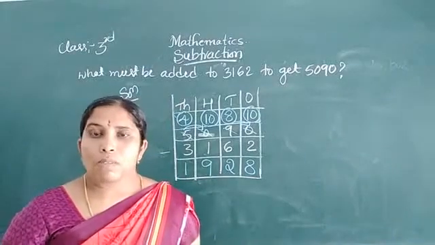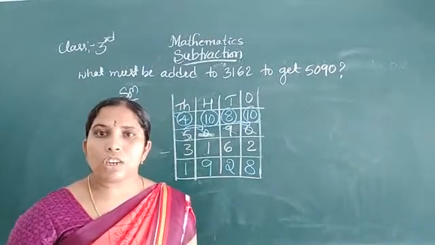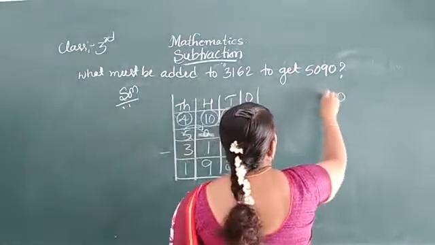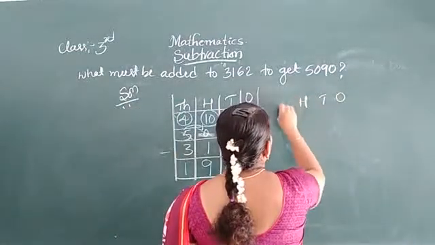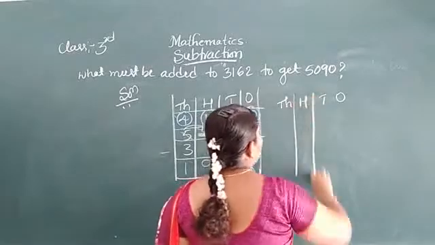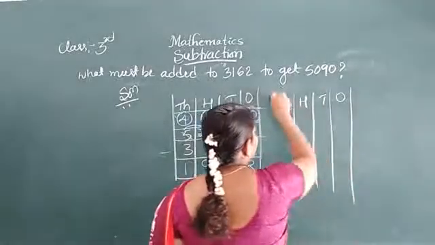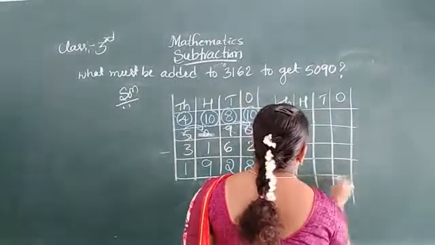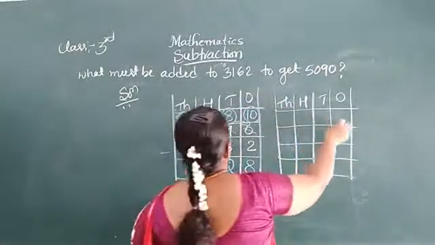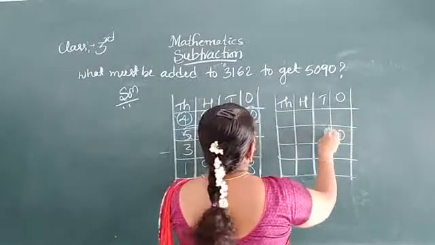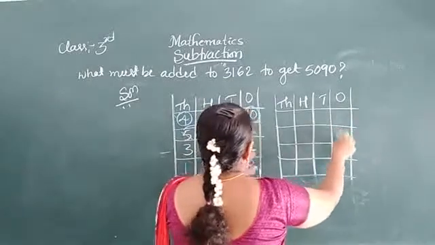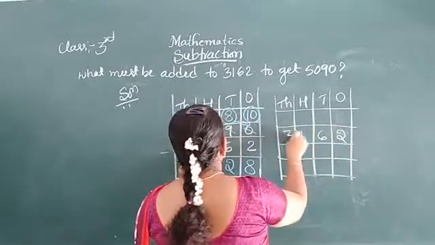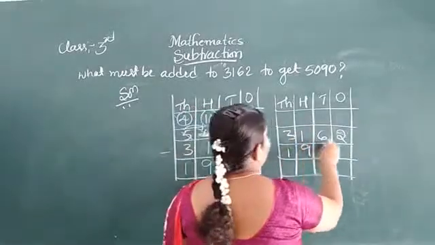So now observe here addition and subtraction together. Do addition now: ones, tens, hundred, thousand. We get the number 1928 and 3162.